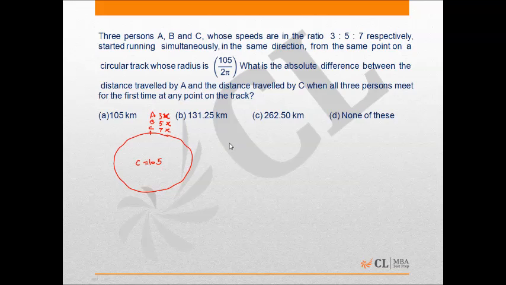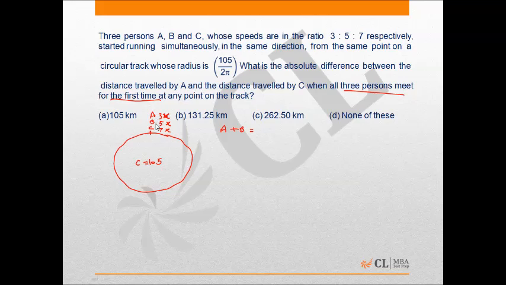So, how do we find when all the three persons meet for the first time at any point of the circumference? If I say A and B will meet for the first time after how many seconds? For A and B, the total distance covered is 105.